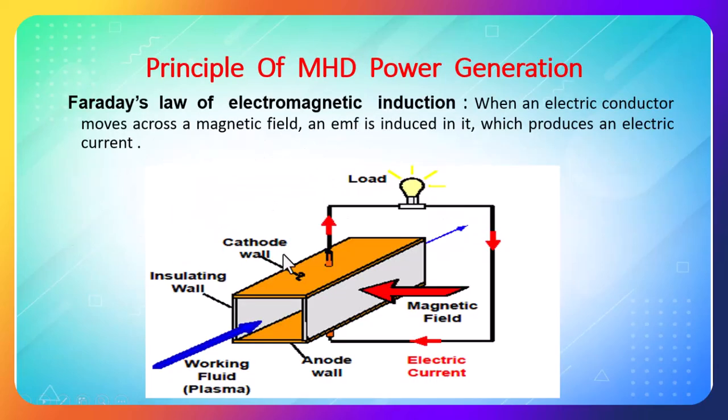So let us see here again. From this direction I am going to send the working fluid, which is called plasma. What is this plasma? It is nothing but gas in a conducting state. Normally we all know gas is an insulator, which means it doesn't allow current. Now we have to make this gas a conductor.